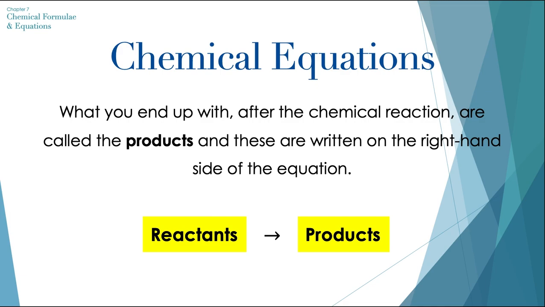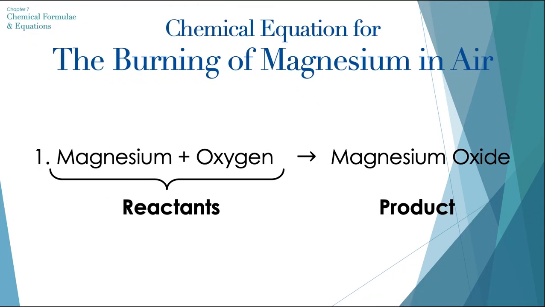So number one, we have to write down the equation in words, using either the information given or your own chemical knowledge. Right now our example is magnesium plus oxygen makes magnesium oxide. So the first thing you have to do is write down the equation in words like this: magnesium plus oxygen, with an arrow, which means there's a reaction, and it becomes magnesium oxide.